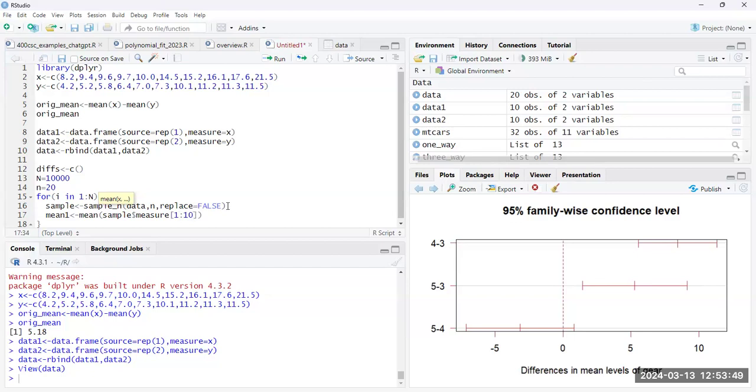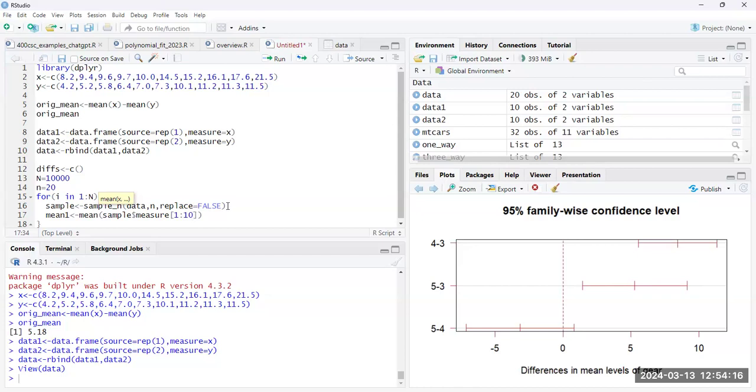In the permutation test, we're essentially dumping all of our data into a single data set, and then we're saying, if these were all from the same population and we sampled 10 of them and take the mean, and then we take the other 10 that are left and take the mean of that, what are the possible means that we can get?